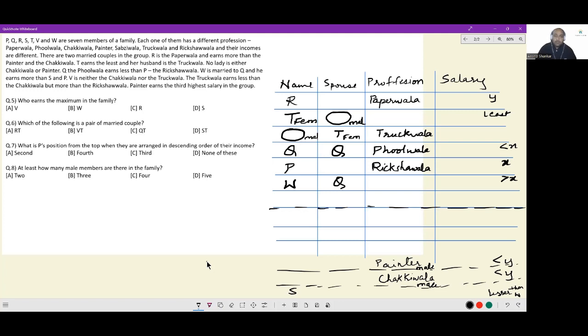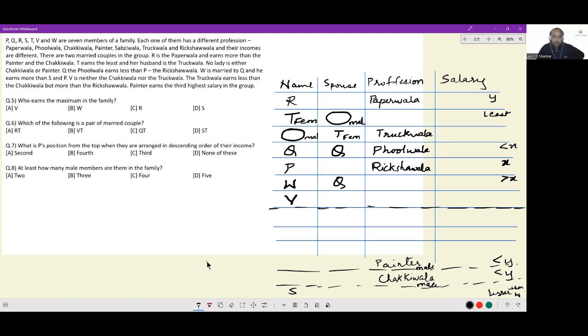V is neither the chakki wala nor the truck wala. V is not the truck wala, so this has to be V. This is not chakki wala, this is not truck wala.